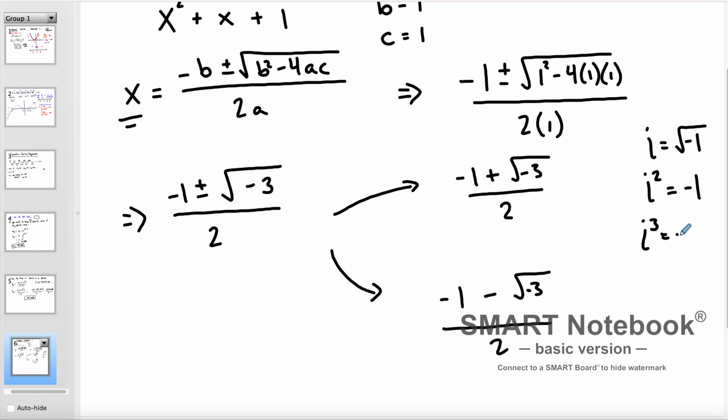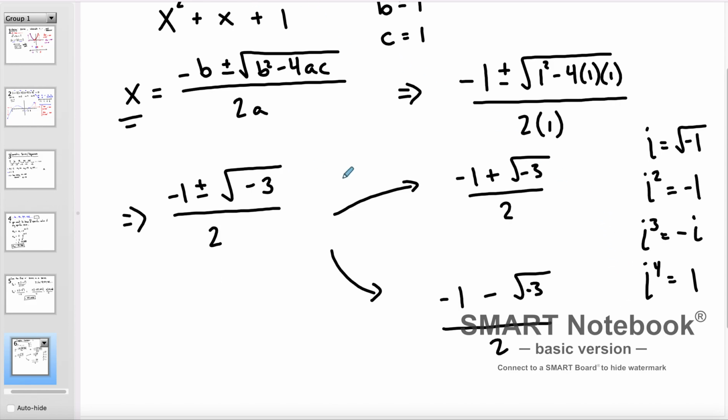So we have negative square root of negative 1. Right? Square root of negative 1 is i. And so we actually write that i cubed is the same as negative i. Right? And i to the 4th equals positive 1, because that's just i squared times i squared. Right? Negative 1 times negative 1. Those are our rules of i.